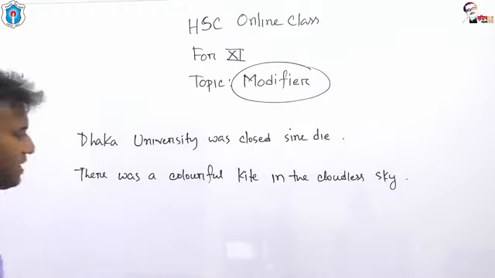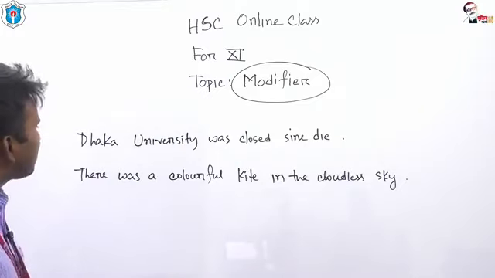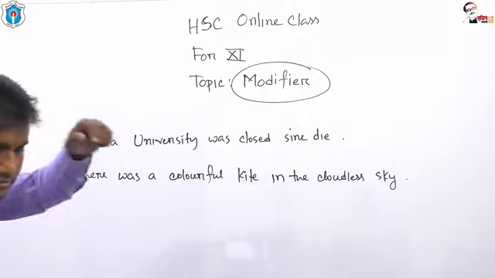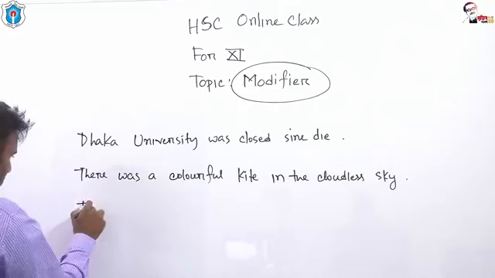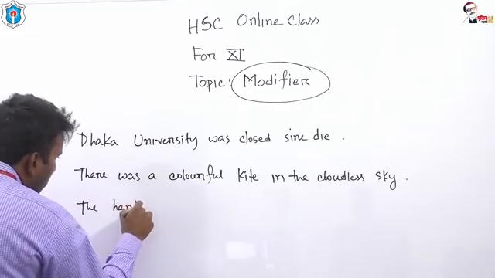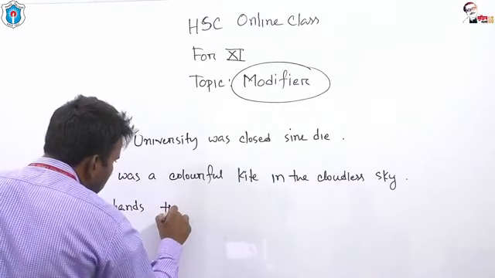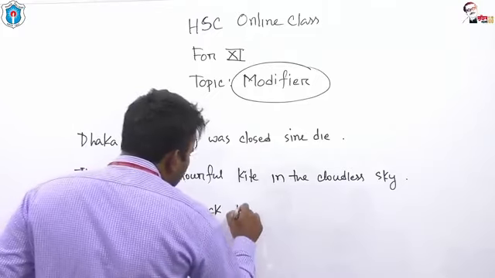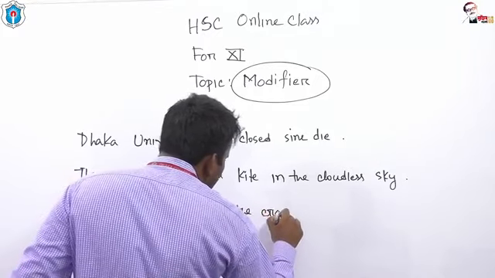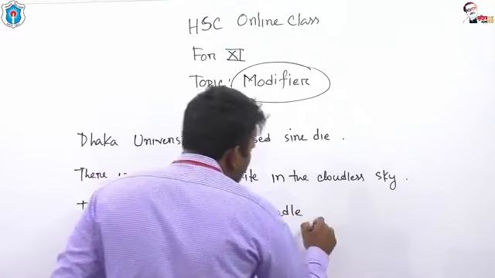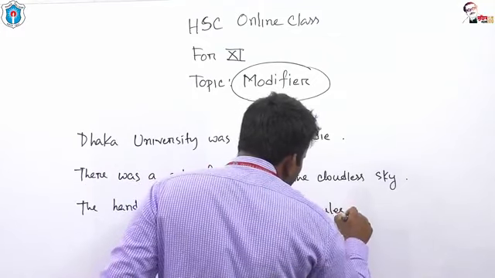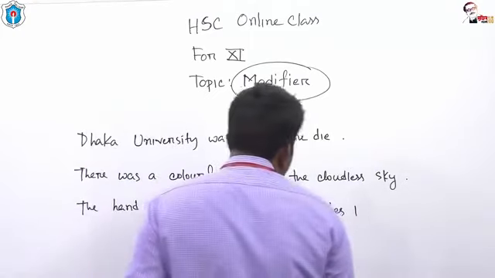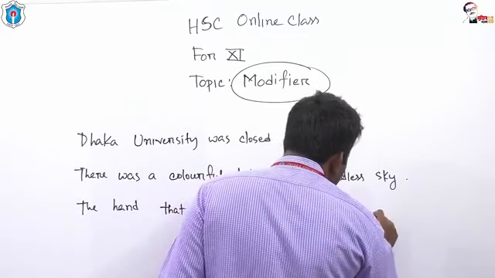Look at the first example, my dear students. Dhaka University was closed sine die. There was a colorful kite in the cloudless sky. The third example: the hand that rocks the cradle rules the world.